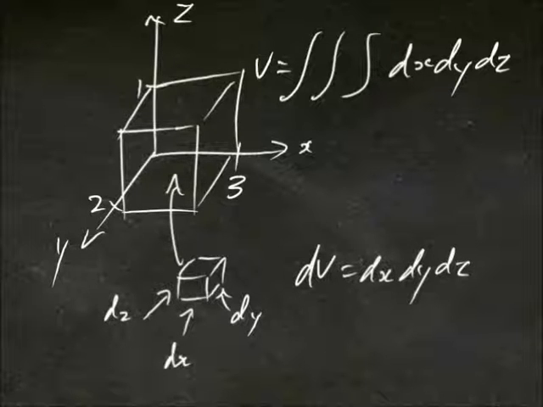For triple integrals, order is important. Our first one is the x, which is this, and that's between 0, which is over here, and 3, here. Then we have y, between 0 and 2. And lastly, we have z, which is between 0 and 1.